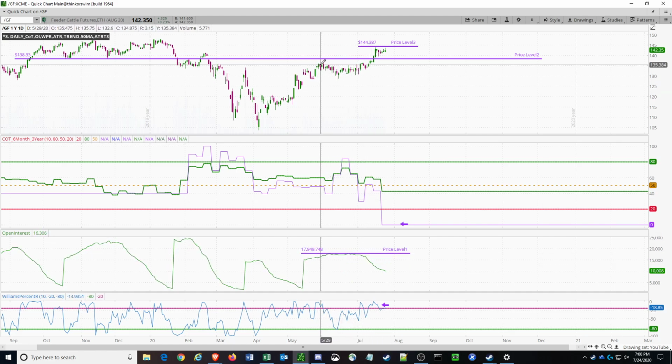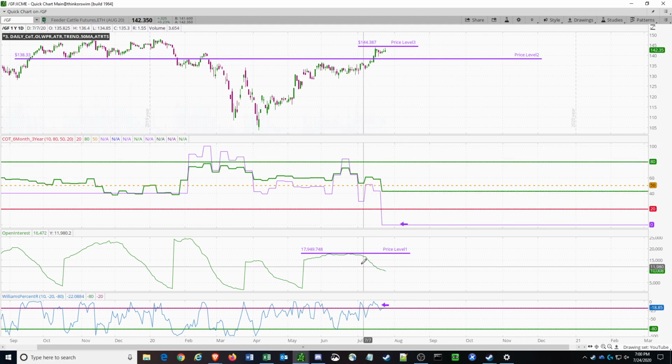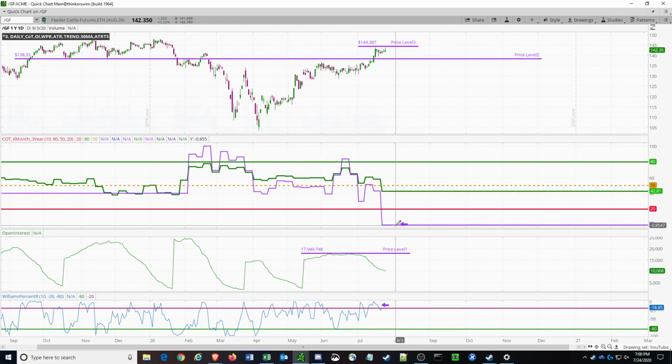So short positions were increasing up in this price range, and then we had the move down. Shorts closing out, covering positions, and price starts to move up. So this movement right here could have been our shorts closing, but open interest wise, commercial interest wise, looking really bearish on feeder cattle.